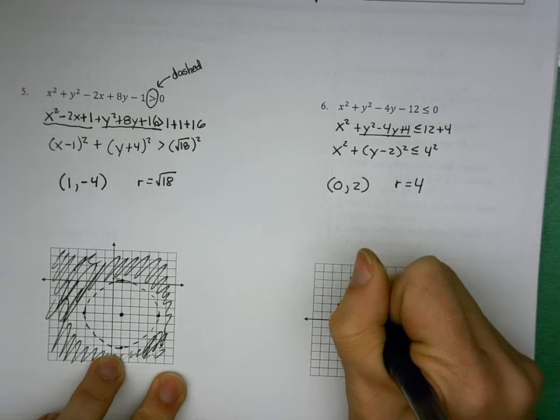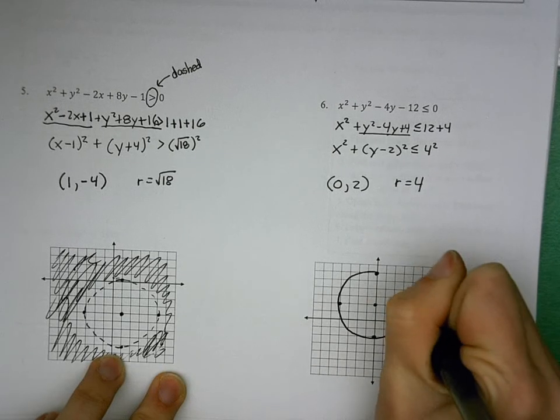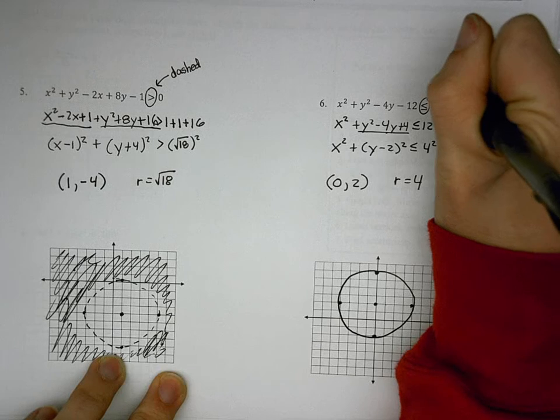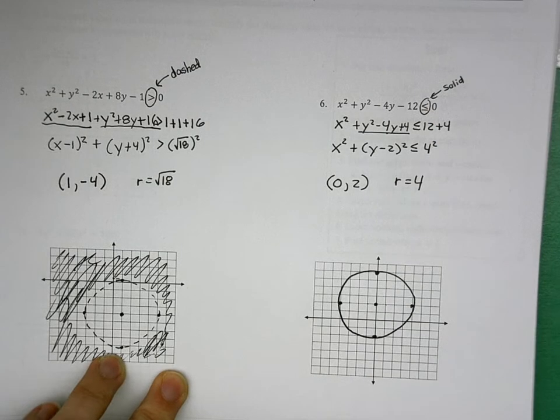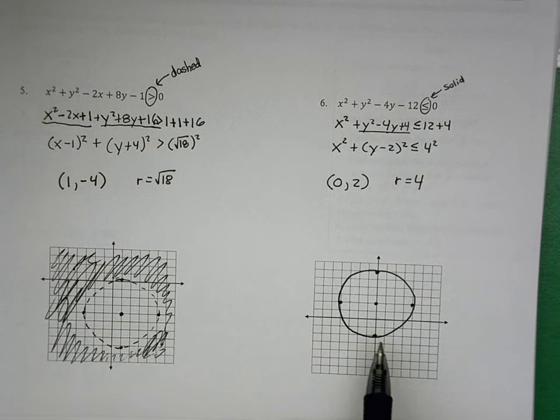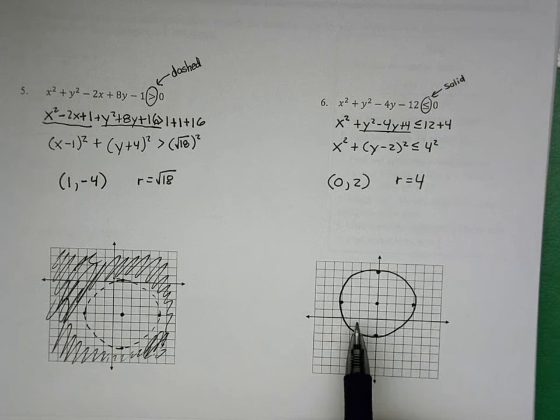And then this one, we do have an equals in our sign. So the fact that we have an equals tells me that this one is going to be solid. Okay, testing your point then, you do have to test a point somewhere. When I did this, I tested (0, 0), because that seemed like a nice friendly one to plug in, and it wasn't on my circle.